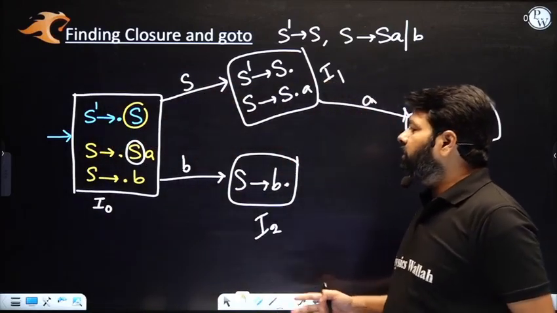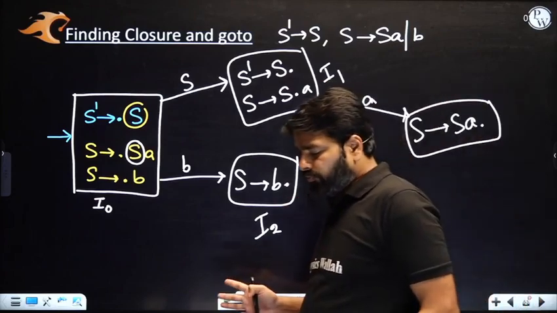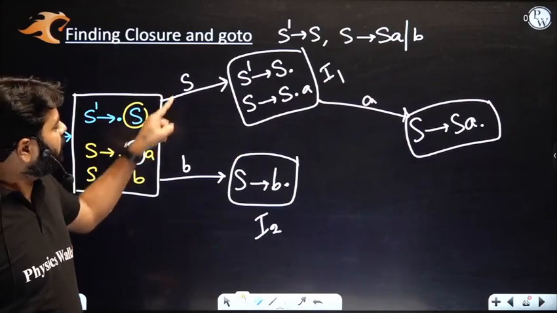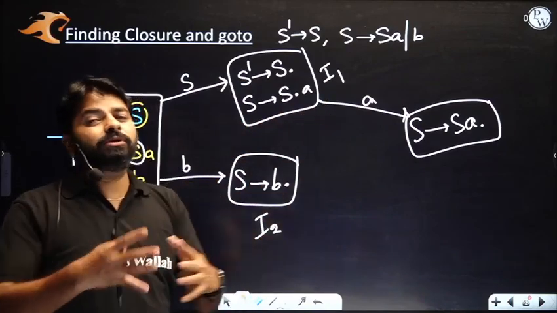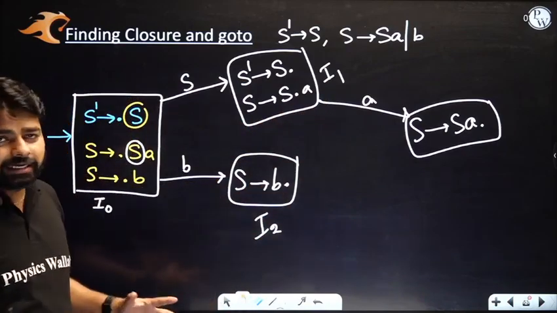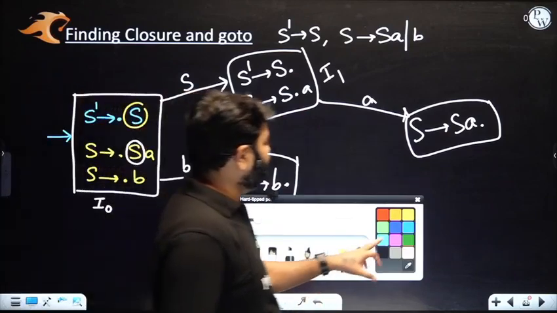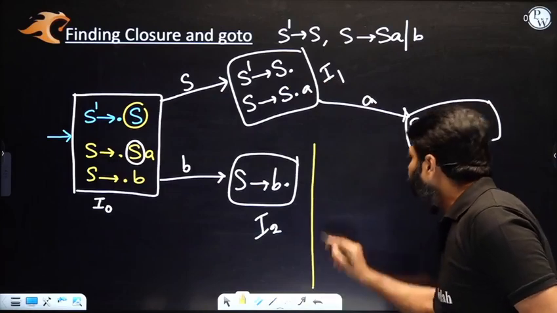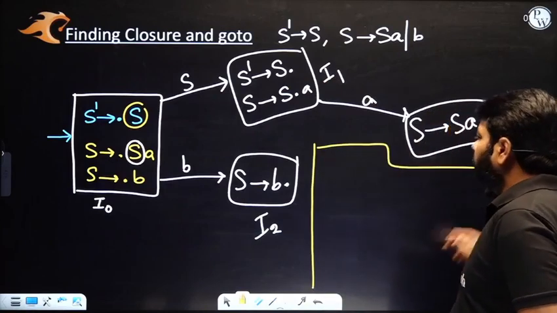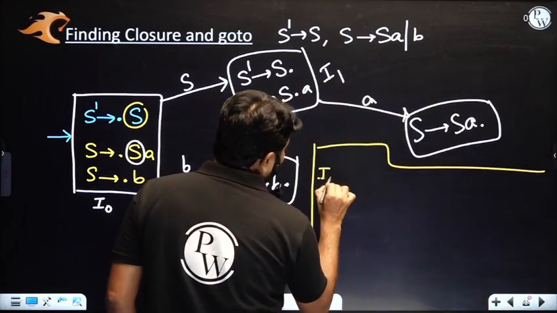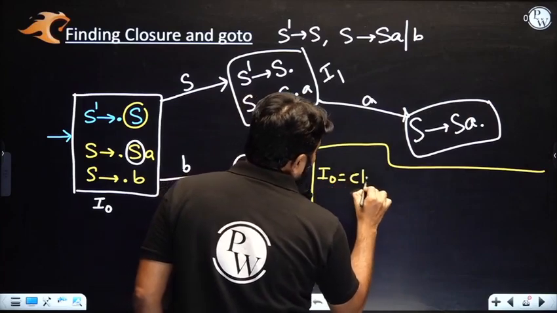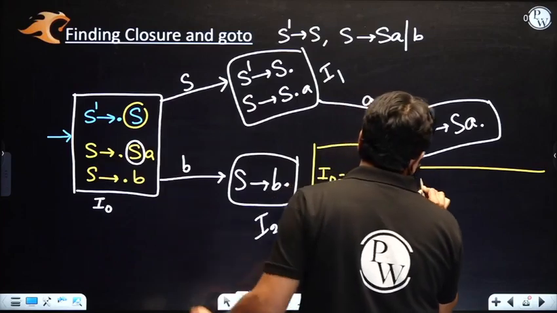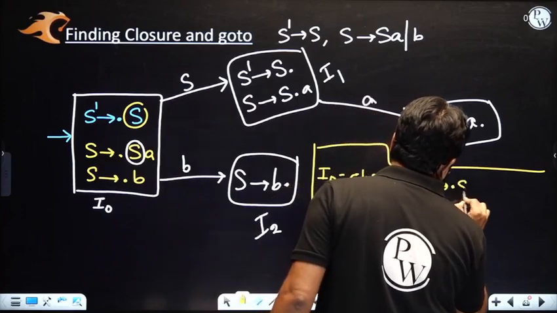This is called finding the closures and goto. First we find the closure, and then 1, 2, 3, three times we computed the goto. So here I can say in one line simply, I'll just write all of what I did. So I0 here. What is I0? Closure of S dash derives dot S always.